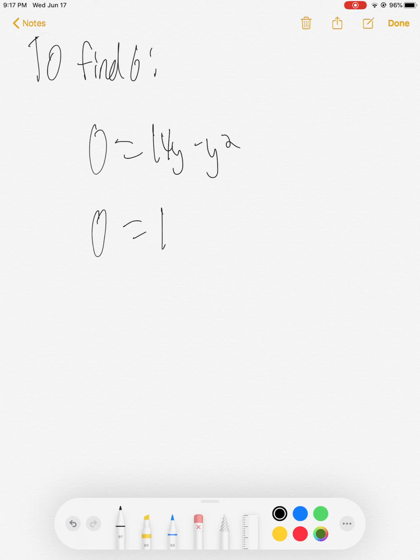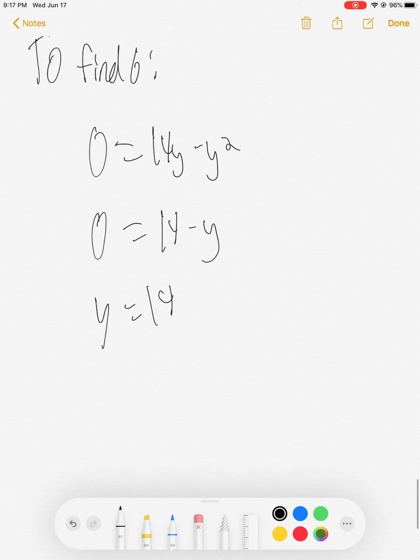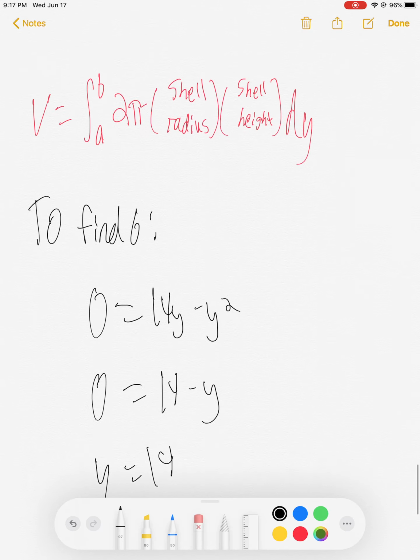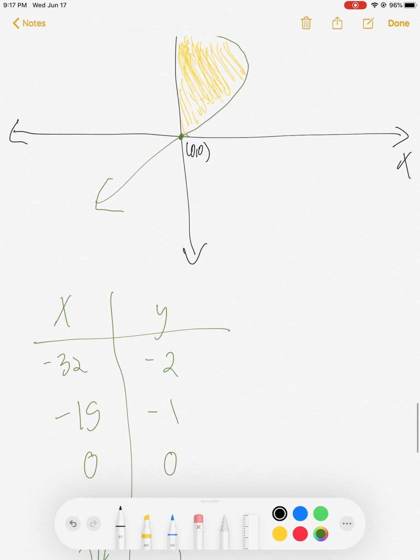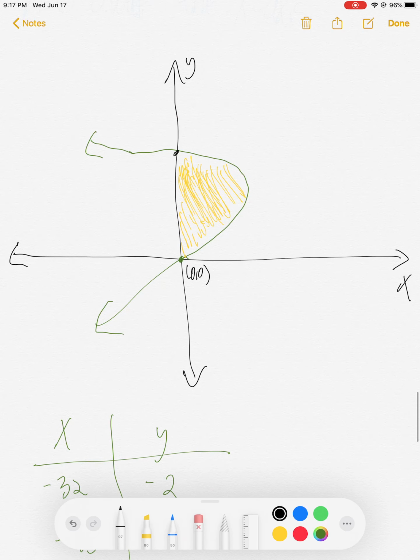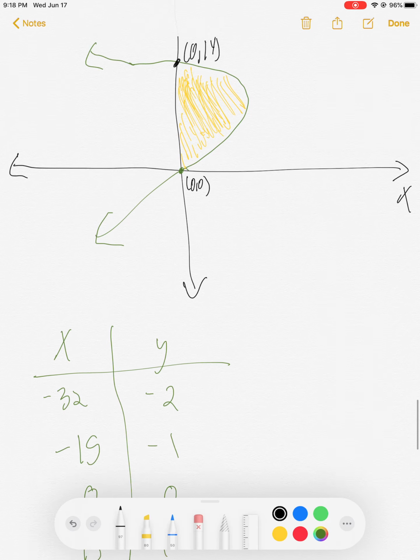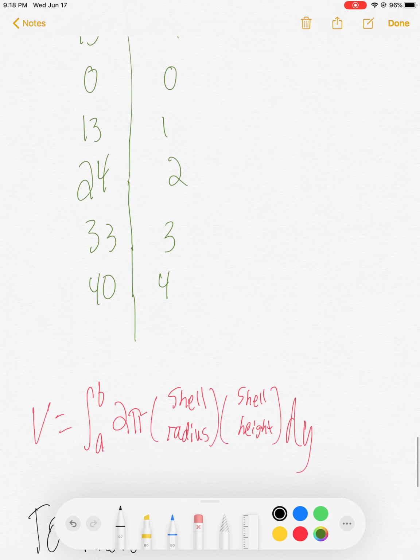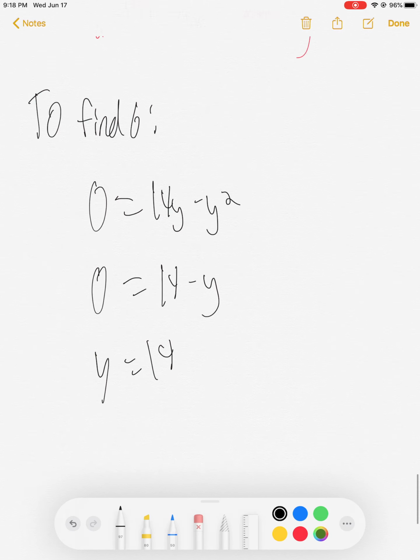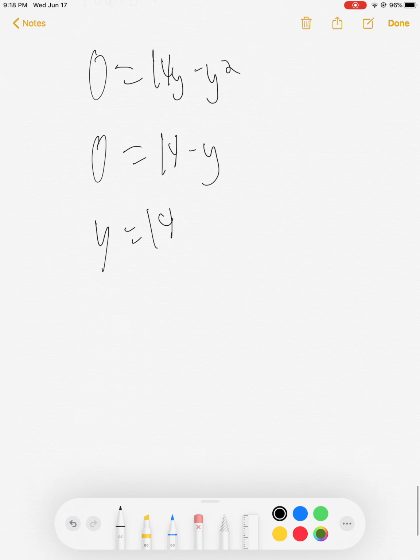Well, this is the same as 0 equals 14 minus y, which means y equals 14. And of course, we get the solution y equals 0 here as well, because we divided both sides by y. So y equals 14, and so that is the value up here. So this is the point 0, 14. So those give us our bounds.